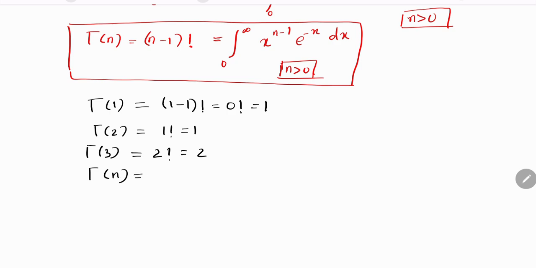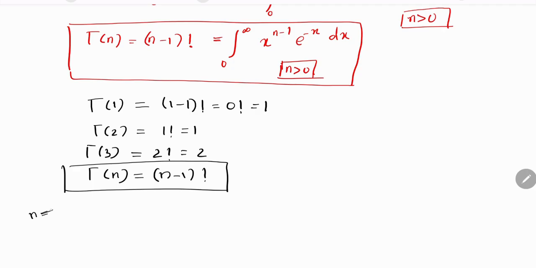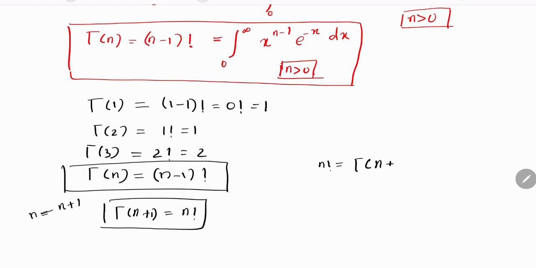For any number n, gamma of n is equal to n minus 1 factorial. And if we substitute n equal to n plus 1, then gamma of n plus 1 is n plus 1 minus 1, that is n factorial. So n factorial is equal to gamma of n plus 1, and gamma of n is equal to n minus 1 factorial.